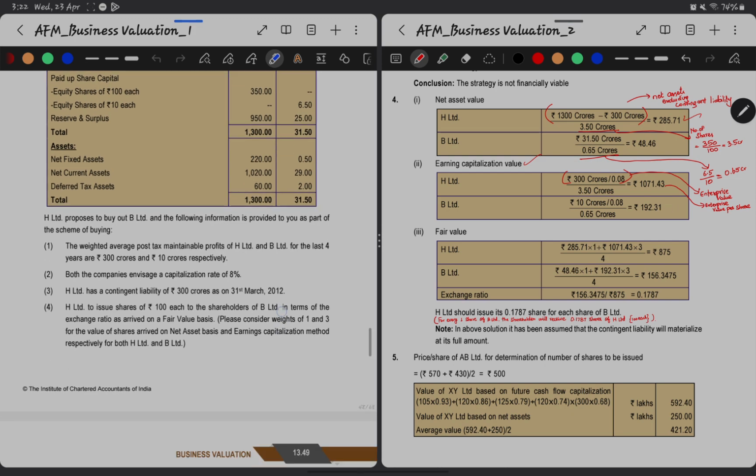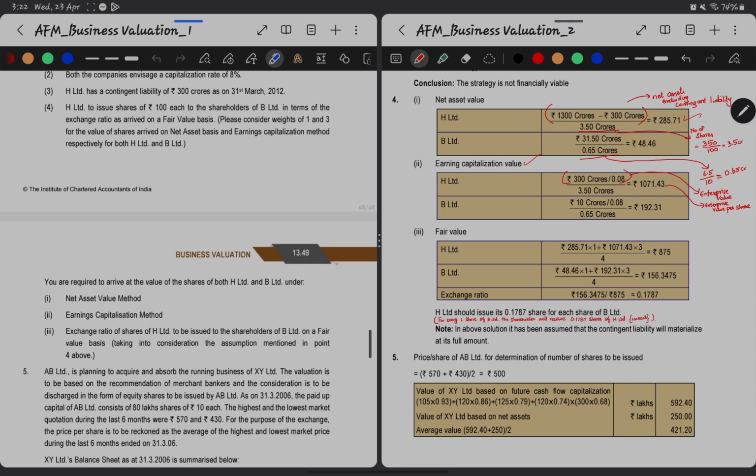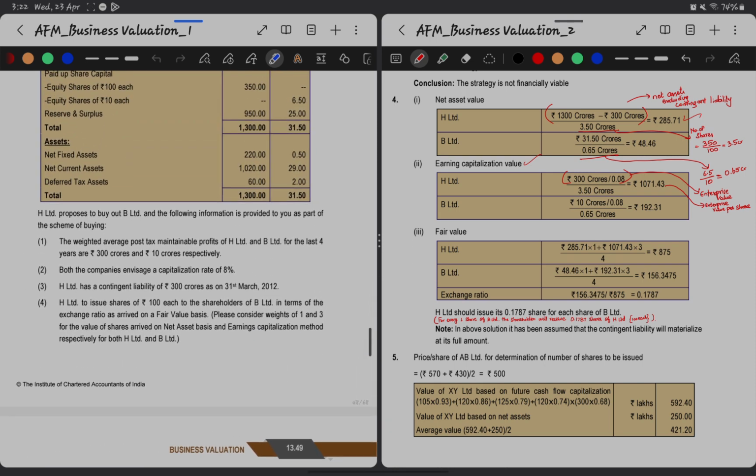Fair value: as in the problem we have previously seen, they told us to consider the weights of 1 and 3. So for H Limited, 285.71 multiplied by 1 plus 1071.43 multiplied by 3, divided by 4, will give us the weighted average value of H Limited. So this 875 is the weighted average value of H Limited per share.